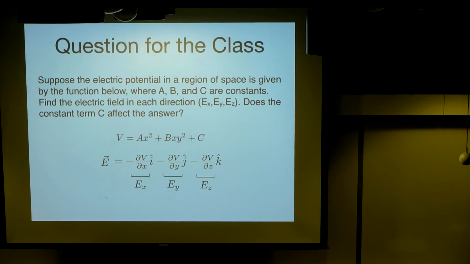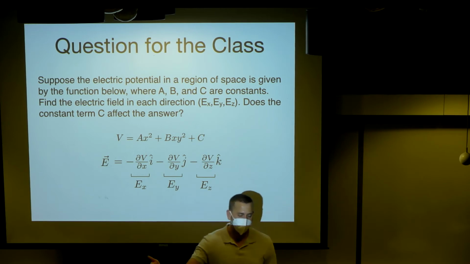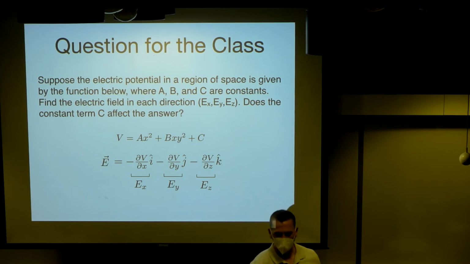Let's do some more examples like this. This one I want you to try out. So suppose that the electric potential in some region of space is given by this weird function. It says V equals AX squared plus BXY squared plus C. A, B, and C are all constants, but X, Y, and Z, of course, are our coordinates in that 3D space.